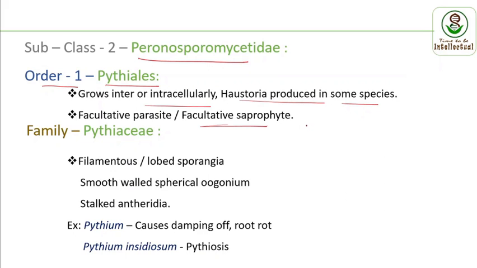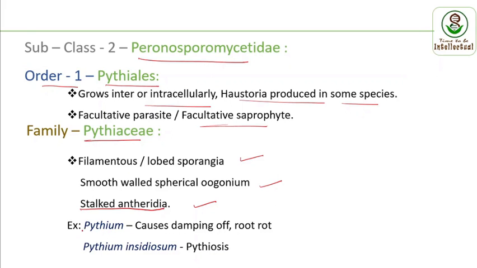I hope as of now you know what is facultative and what is obligate. And the family Pythiaceae is very important: filamentous or lobed sporangia, smooth walled spherical oogonium, stalked antheridia. This might be a little important, because stalked antheridia are present in Pythiaceae under the order Pythiales.